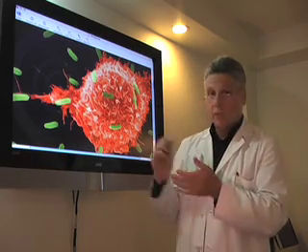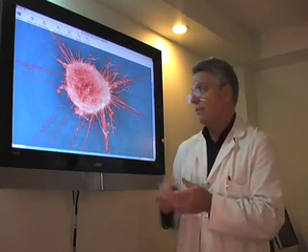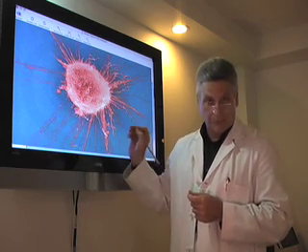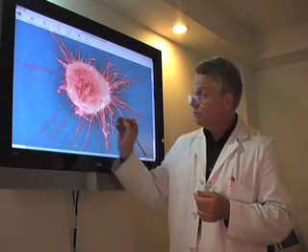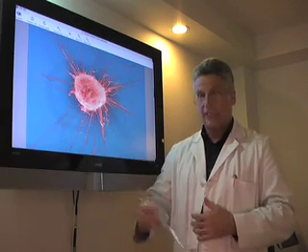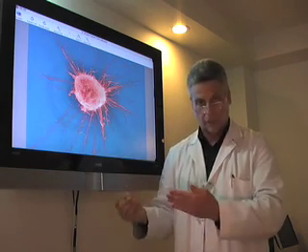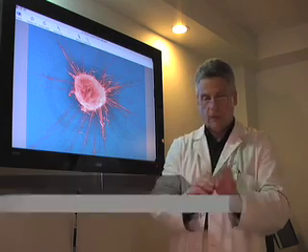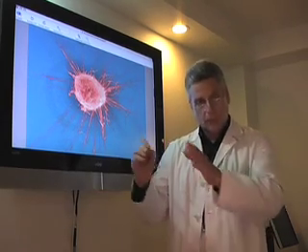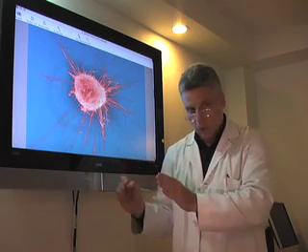Now, I just wanted to go back to the breast cancer cell, just to tell you that when you have any type of cancer, how it spreads or multiplies is a logarithmic type of function, meaning it's very steady. In other words, you have a percent that grows at a time, not numbers.